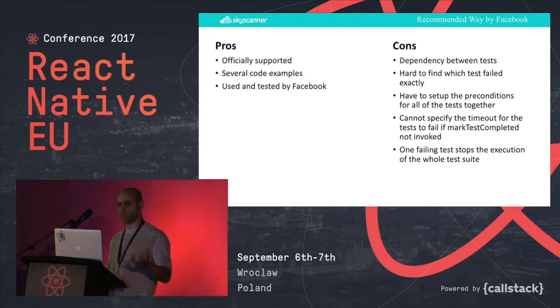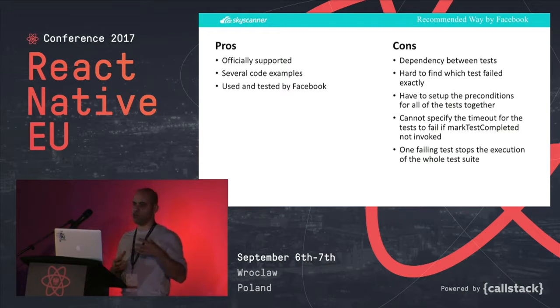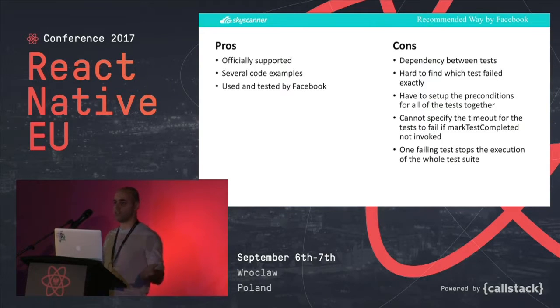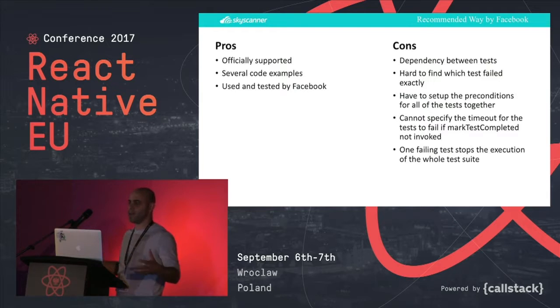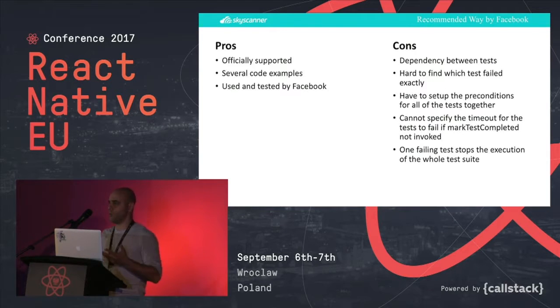And there's the precondition setup, which is very important to us, because what we bridge are things that rely on other native components. So, for example, if we have the authentication bridge, it relies on the authentication service or the authentication component, and that thing needs to be mocked. We don't want to run the test on real live data. So in order to mock that, we need some precondition.